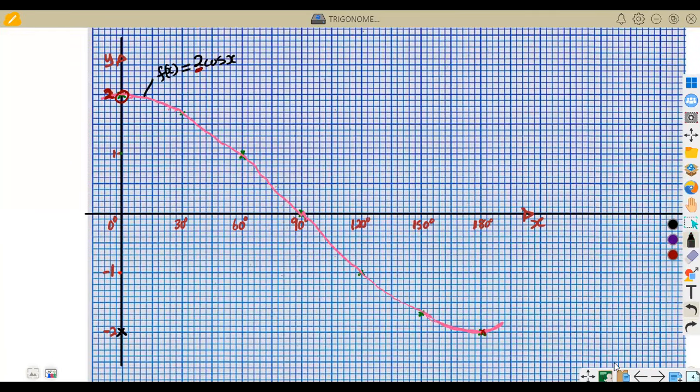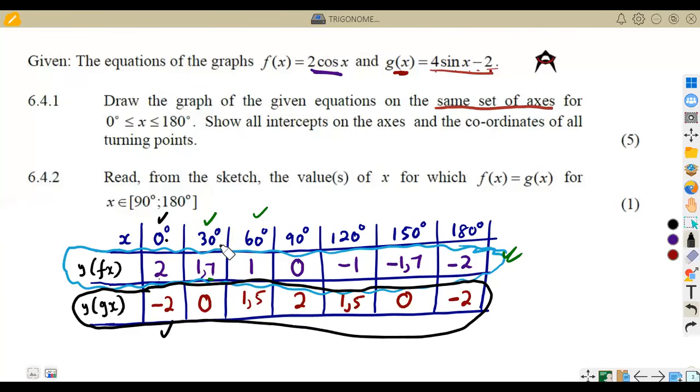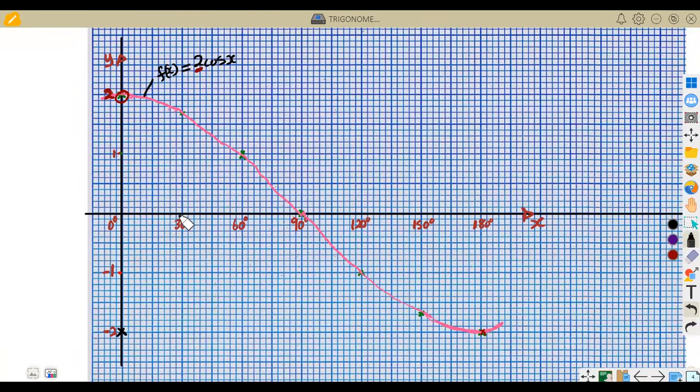We move on to the second point, that is at 30 degrees versus 0. Take note, the angle at x versus the value of y there, which is 0. So that's 30 versus 0. So we are going to mark our point 30 here versus 0. That is the point on the x-axis. All right, we do the same.